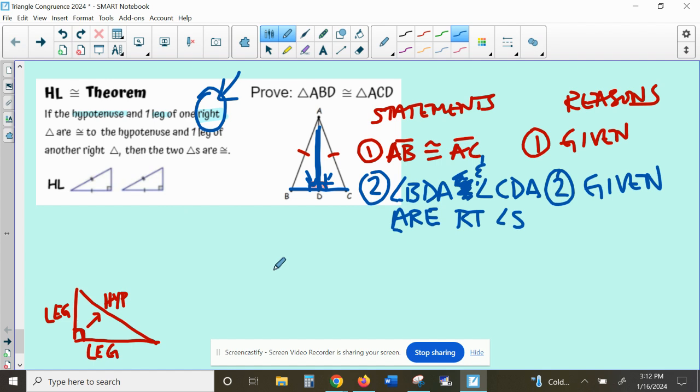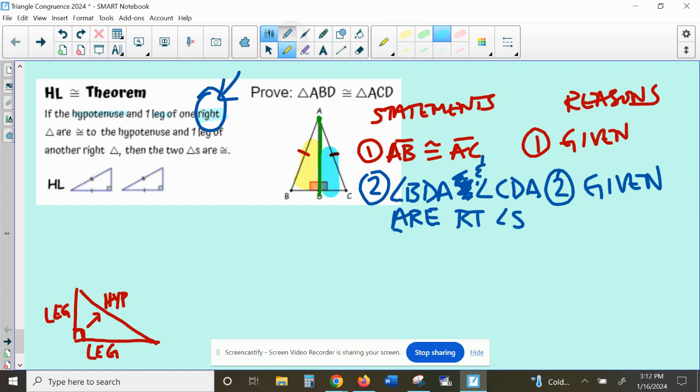I'm going to erase some of the stuff in our picture because it's a little bit busy in the middle here. But we do have that infamous shared side in the middle. So from A to D, isn't that a side of my yellow triangle over here? And it's also a side of my blue triangle over there.